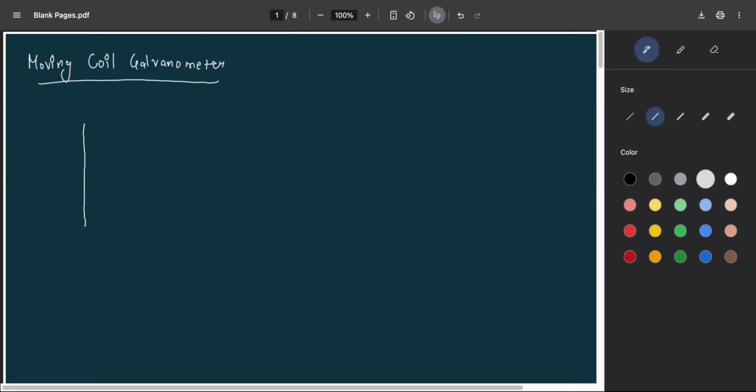Before this, assume this is a coil. Assume the area is A. There's a current flowing in it like this.